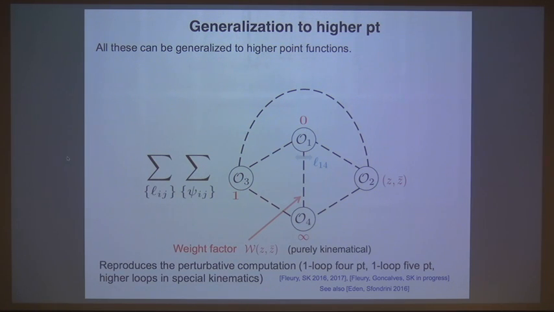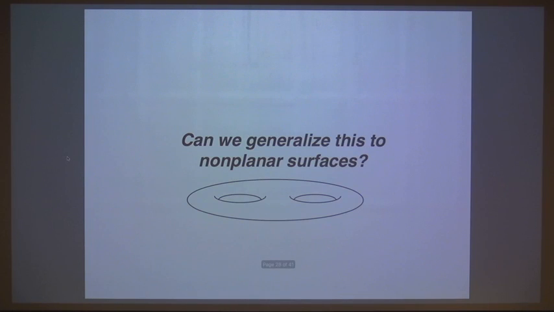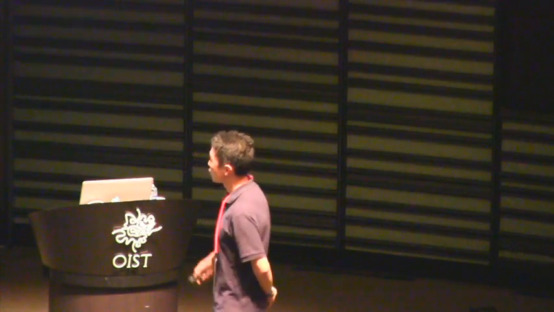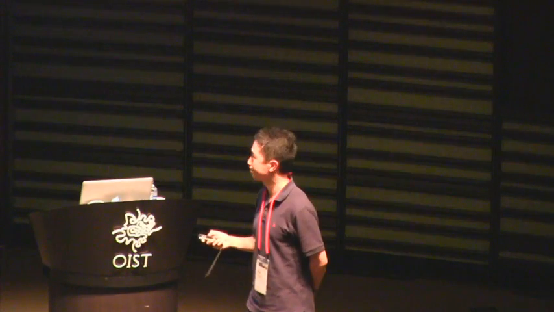Now, so far, now comes the main point of my talk. So far I've been talking about planar correlation functions. Then the natural next question is whether we can generalize this construction to non-planar surfaces.